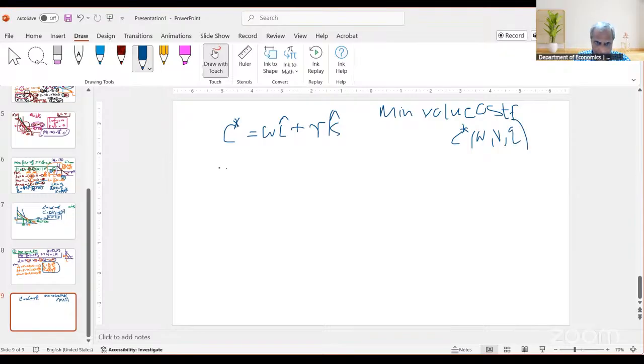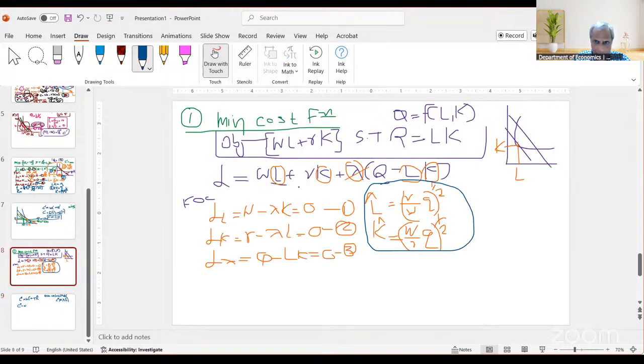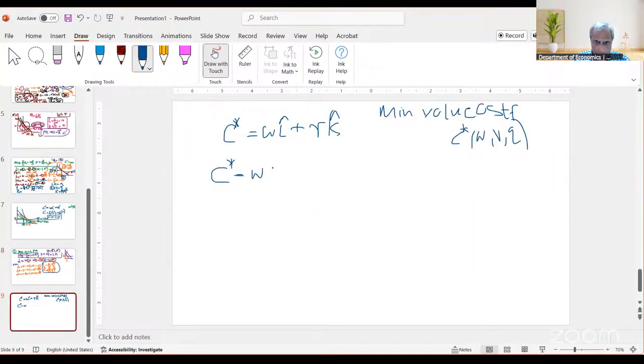Now here, C star equals W times L hat, what we got here, R divided by W, Q, plus R times K hat, we got W divided by R, Q. Now we simplify this.